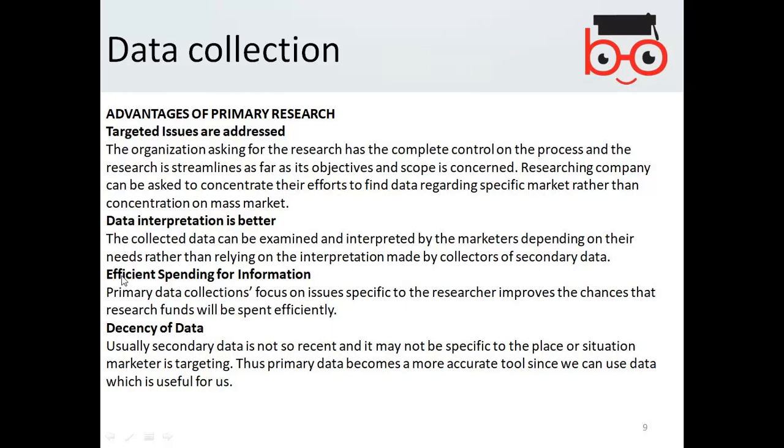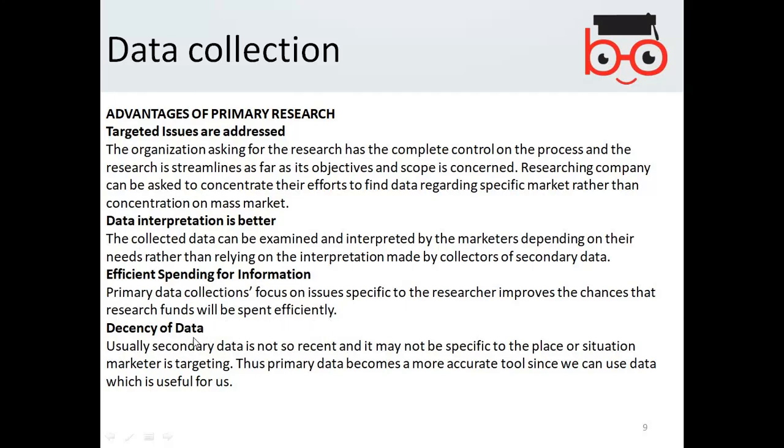Then, the efficient spending of information. Primary data collection focuses on issues specific to the researcher, which improves the chances that research funds will be spent efficiently.